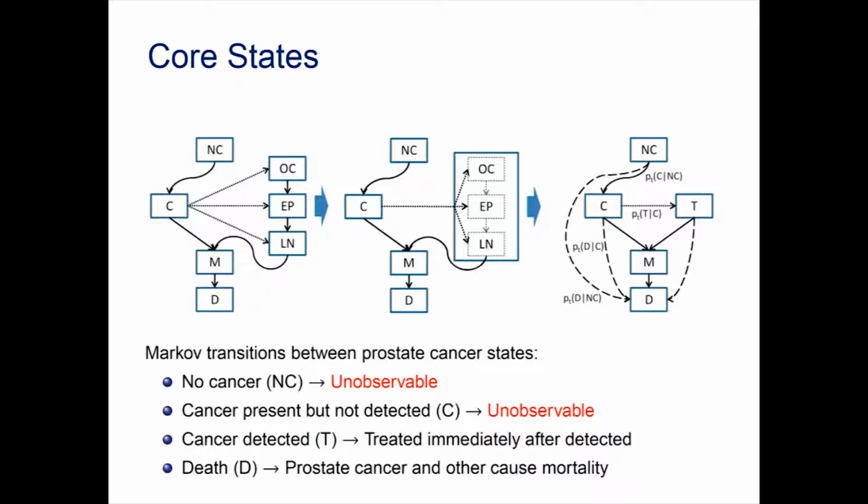On the left side, I'm going to move over to the right and point out that patients who are treated, the outcome could be that the cancer is organ confined. It could be extraprostatic, meaning it's extended beyond the prostate, or lymph node positive, meaning that it's metastasized.